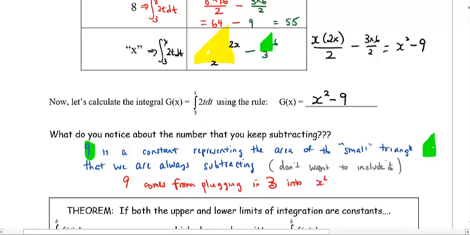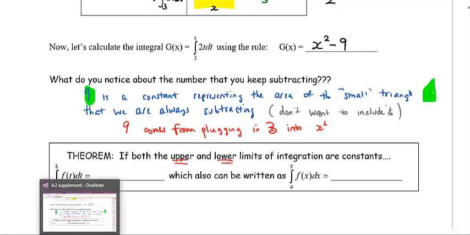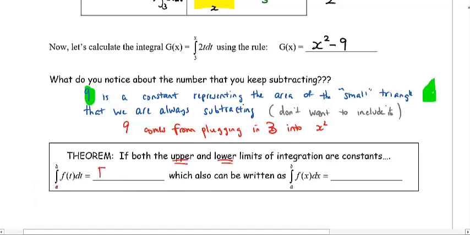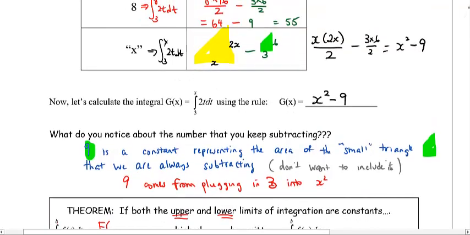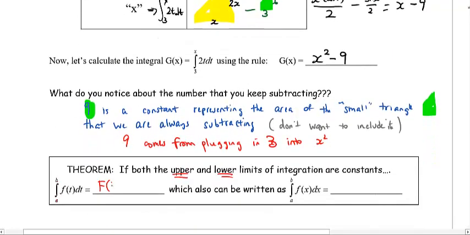And so this then helps us come up with a theorem. If both the upper and lower limits of integration are constants, okay, so now it's not just 0 to x, it's now a to b, then the integral from a to b of little f of t dt is actually equal to capital F. And notice that it's the x squared term, so really we just found the upper limit squared, or we'll say the antiderivative, and you evaluated it at the upper limit.